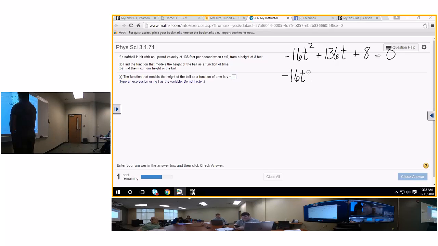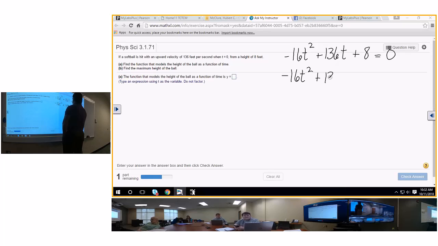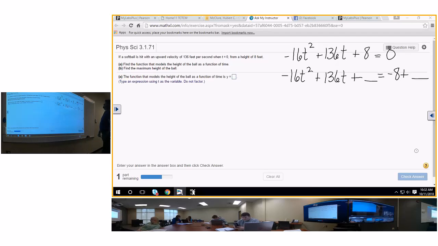Plus 136t plus blank is equal to negative 8 plus blank. Factor out the 16. Somebody divide 136 by 16. What's 16 into 136? 8.5.